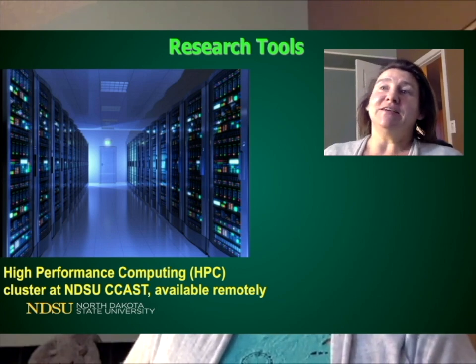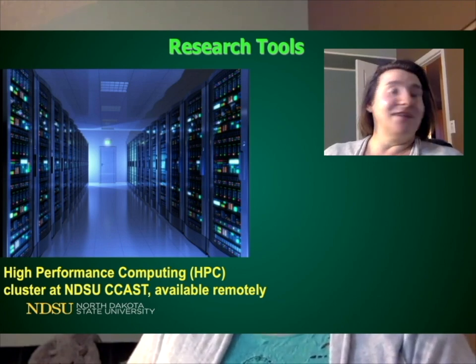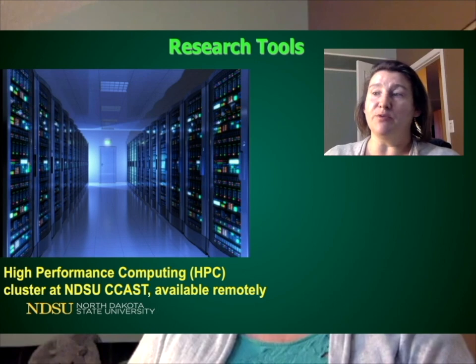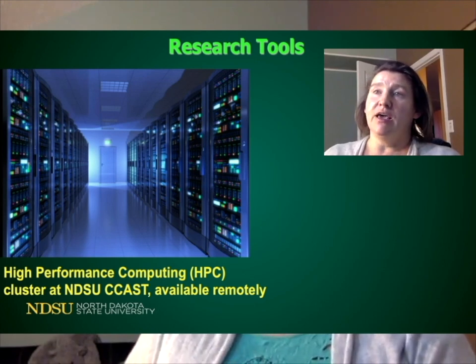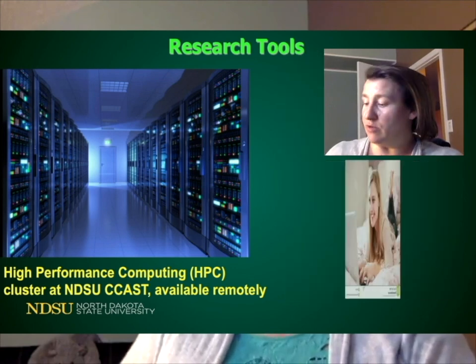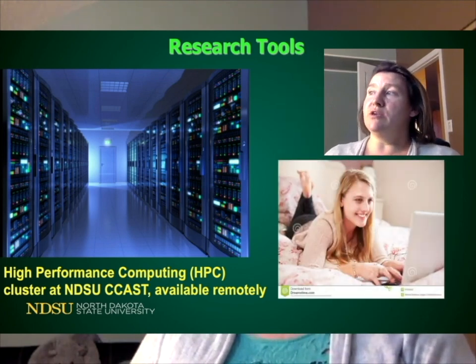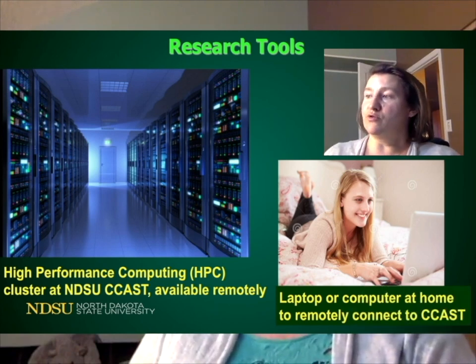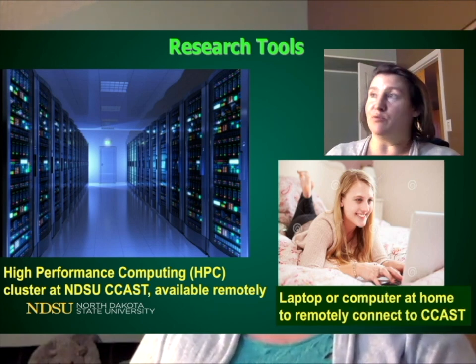And you just need to get an account, which any NDSU students or community, North Dakota community, can get very easily. And you can log in and work with these computers remotely. Of course, you also need to have your laptops or computers at home to remotely connect to the CCAST computers.